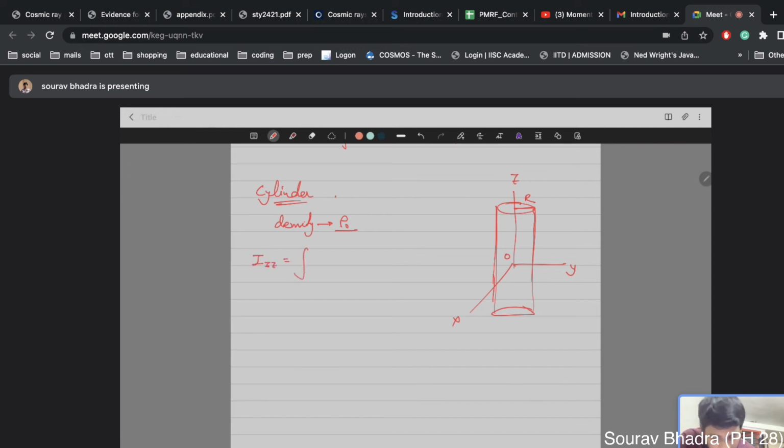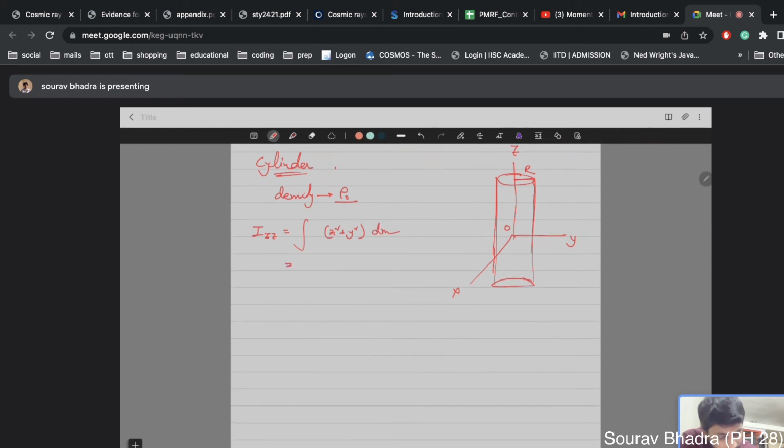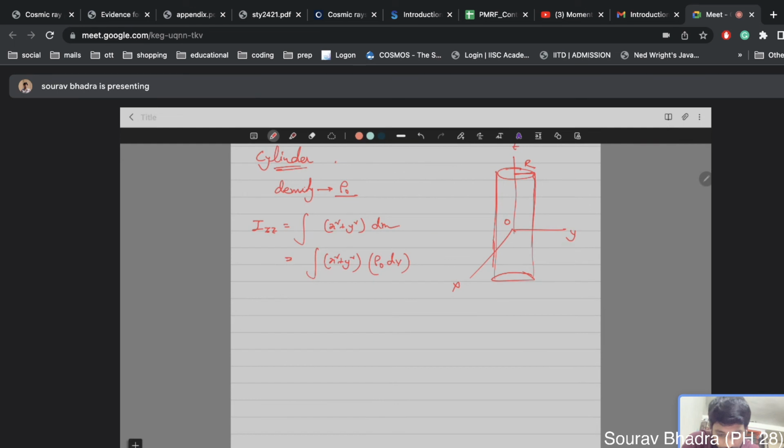So your Izz will be, since it is revolving around the z axis, the integral of x square plus y square dm. As it is a 3D body and not a laminar body, dm from the first principle will be rho 0 dV, where rho 0 is the density of the body.